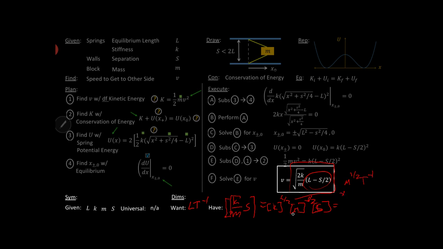And we multiply that by an inverse half mass. And then we have a length. And so these cancel. We have a positive length and a negative time. And so we have these two things being the same. So the dimensions are good. The dimensions are homogeneous, right? We want a dimensionally homogeneous equation when we do these things.